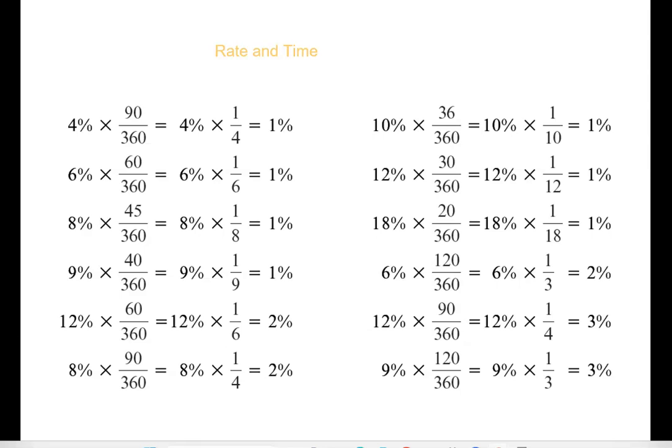If you take a look at the second one here, we have 6%, so if we rounded 6.15% to 6%, times 60 over 360, and that's because we rounded the 59 days up to 60, what we can do is simply multiply by 1%.